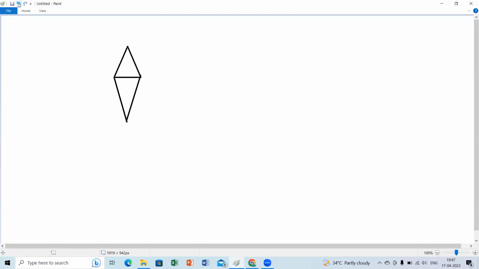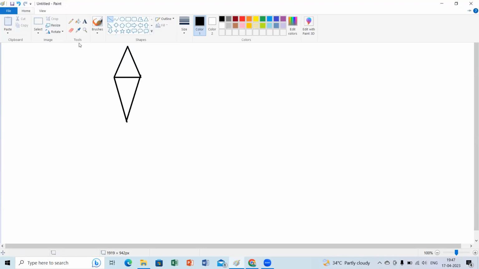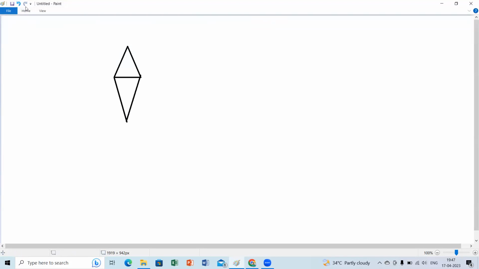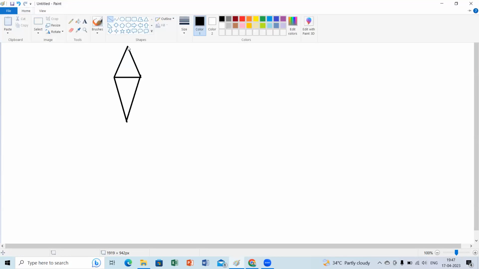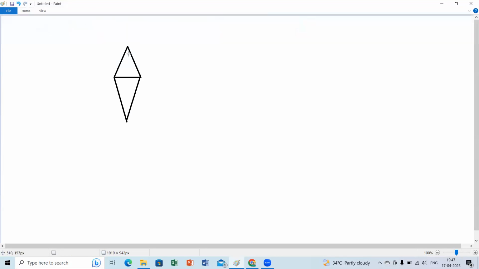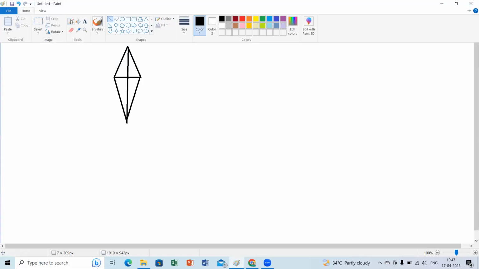Yes, can we call this a kite? Yes or no? Suppose there is another diagonal, I connected the diagonals. What is the name of this kite, children?